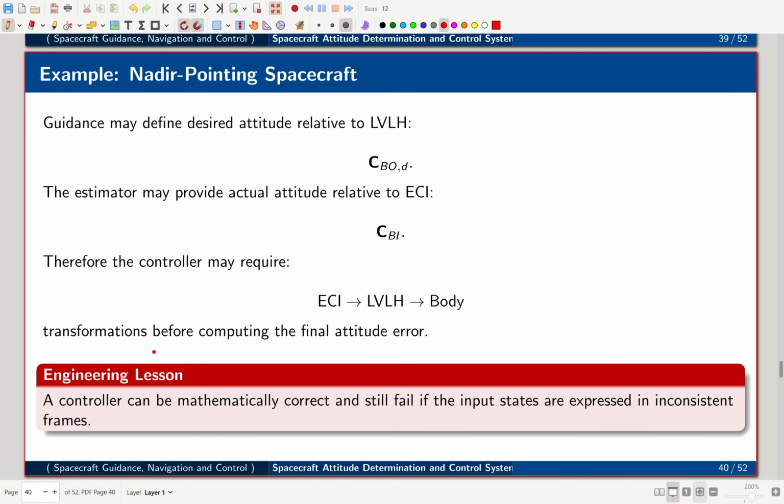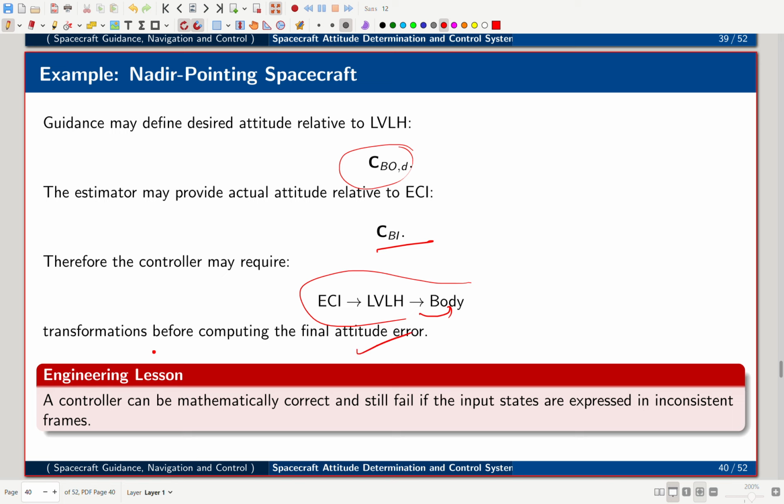So, example: a nadir pointing spacecraft. Guidance may define the desired attitude relative to the local vertical, local horizontal frame. And the estimator may provide the actual attitude relative to the ECI frame. Therefore the controller may require converting ECI to local vertical, local horizontal, then to the body frame, right?